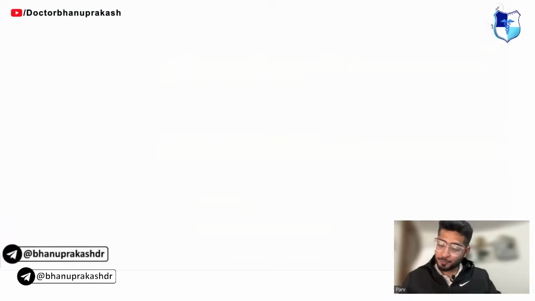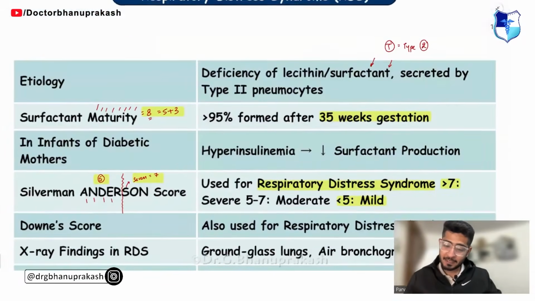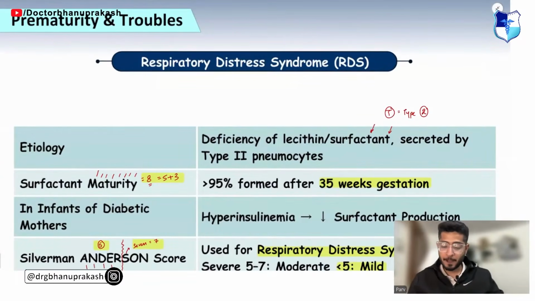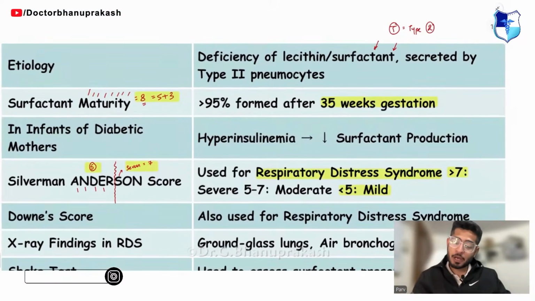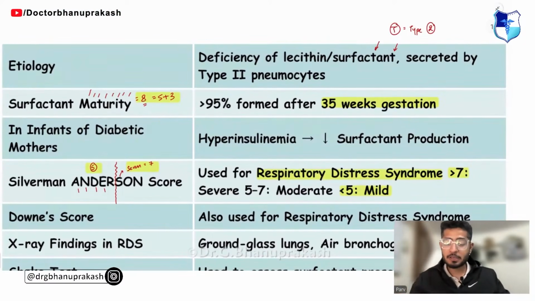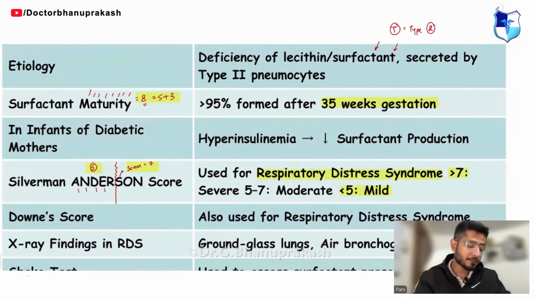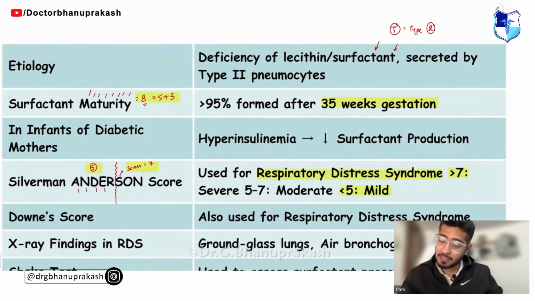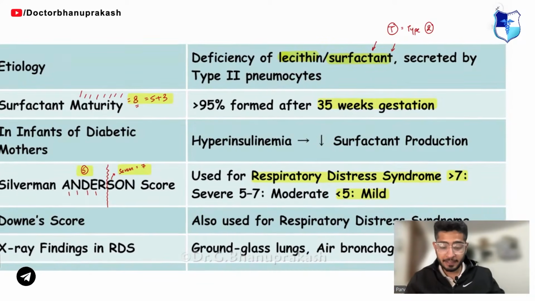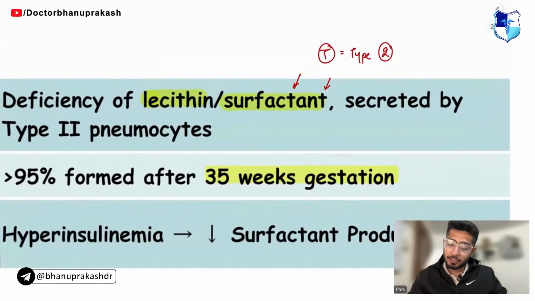Super, my dear little kids, understand about respiratory distress syndrome now. I hope that you all are aware that respiratory distress syndrome occurs because of surfactant deficiency. Surfactant deficiency means deficiency of lecithin. Now, surfactant has two T's.